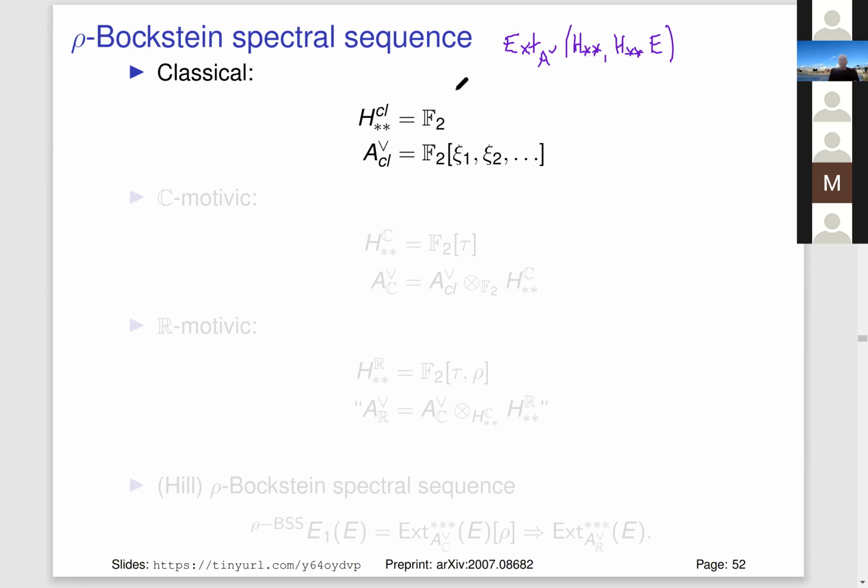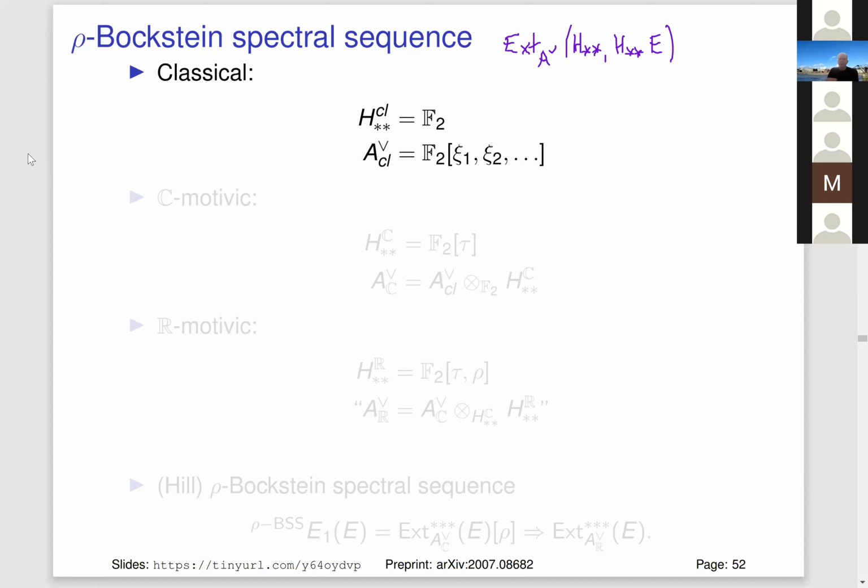So here's the classical result. I guess this should actually just be singly graded, but the classical homology of a point is just the coefficient ring, it's F2. What about the dual Steenrod algebra? Well, Milnor computed this for us, and it's this infinitely generated polynomial algebra over the ground ring.